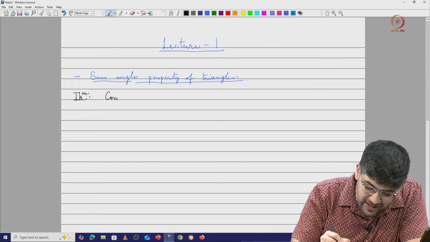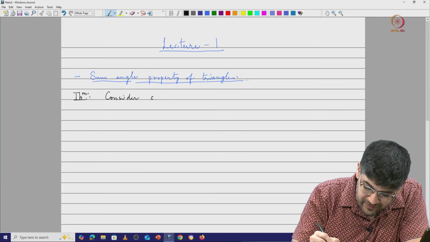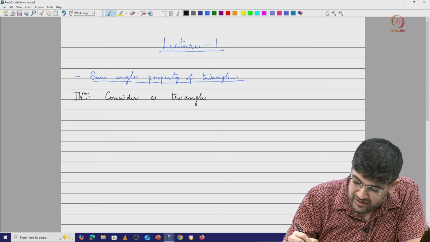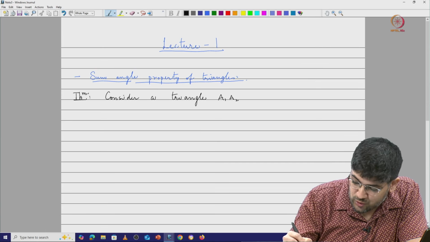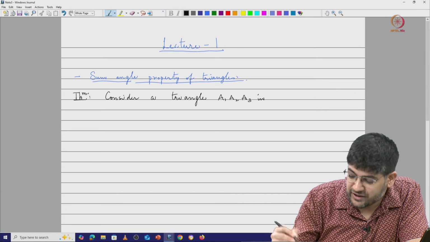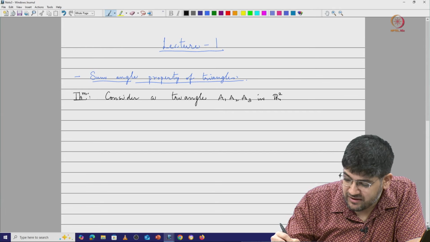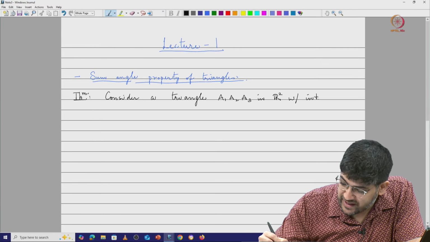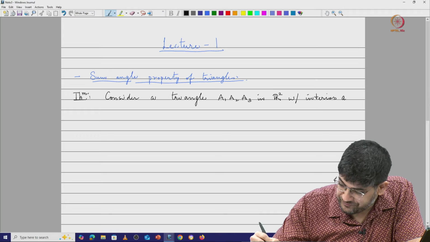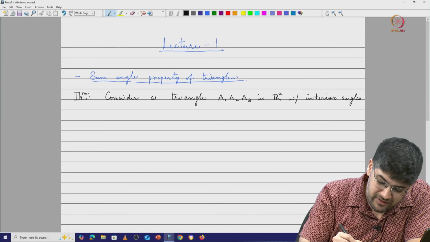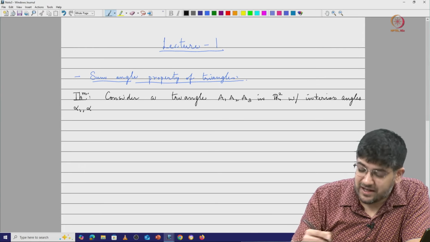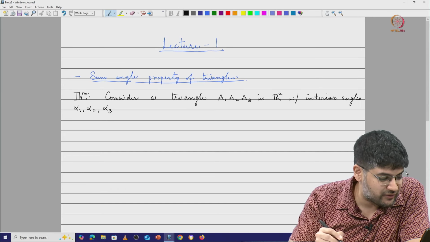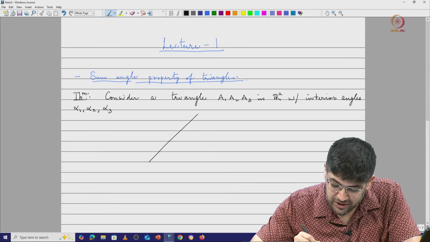So, consider a triangle, let us call it A1, A2, A3, in the Euclidean plane, which I will denote by R2, with interior angles alpha 1. So, the angle at A1 is alpha 1, the angle at A2 is alpha 2, and the angle at A3 is alpha 3. Let me maybe draw a picture.